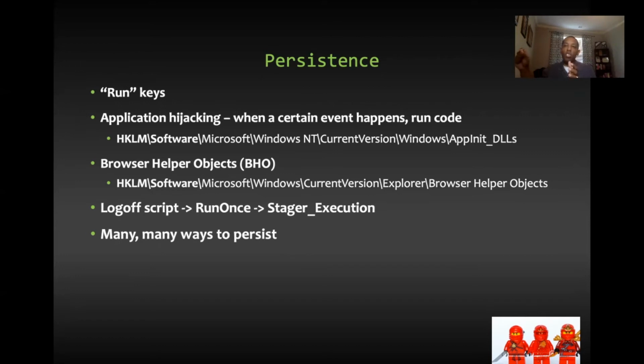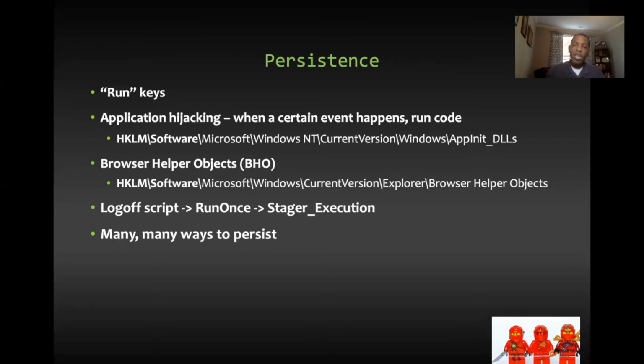So now when the user logs back in, whatever's in there executes and then deletes the artifact. And then when the user goes to log off again, it creates the run once instance and that cycle continues on, right?